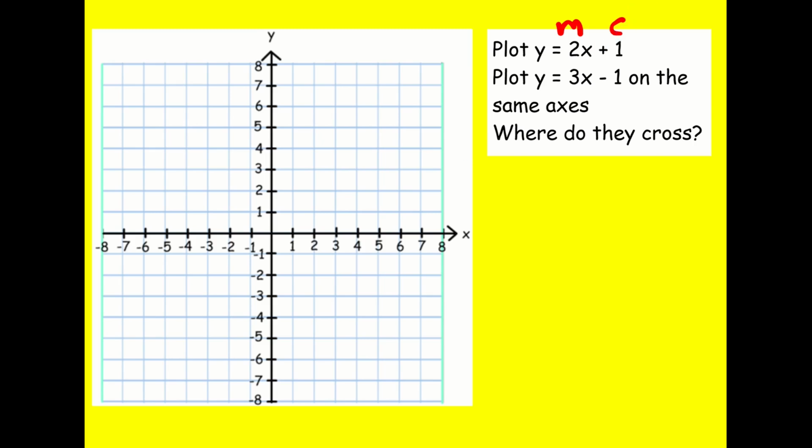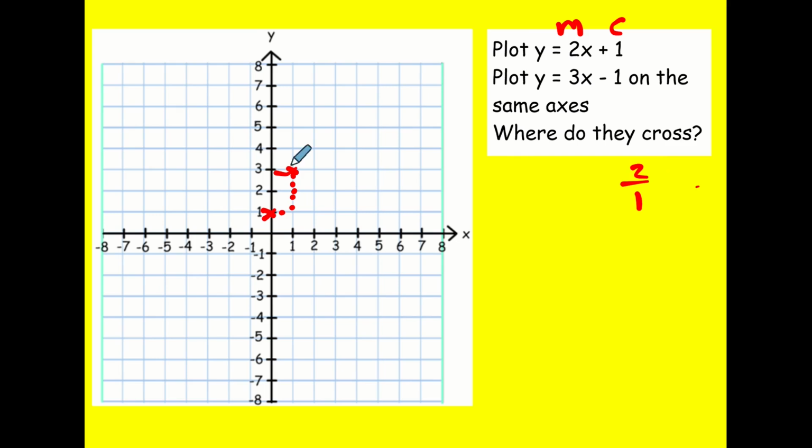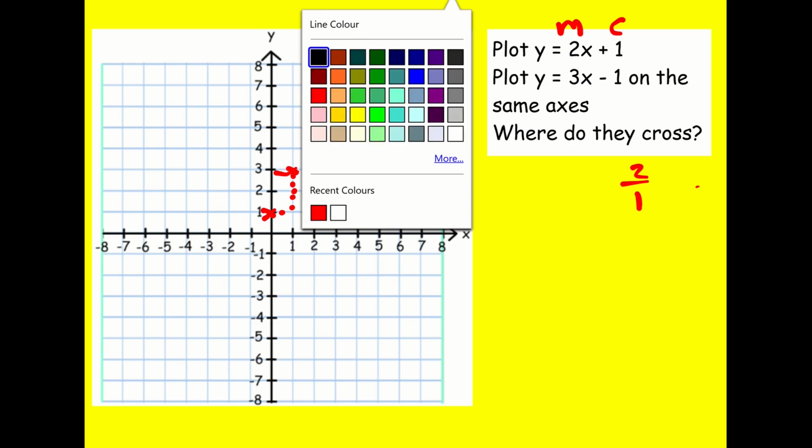So for this one here, I know it goes through 1, and then I know the gradient is 2, so for every one I go along, I go up 2, because that represents 2 divided by 1. If I go along 1 again, I go up 2, go along 1, go up 2, and that gives me enough points to be able to draw my line.